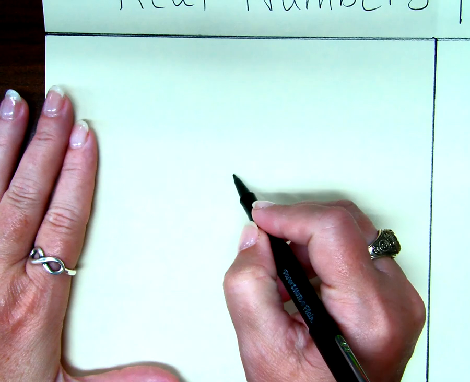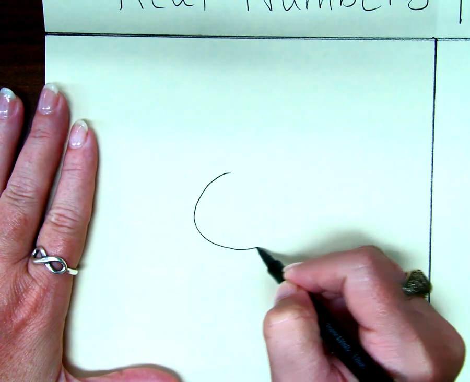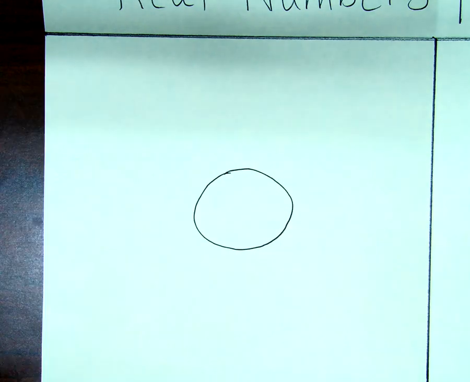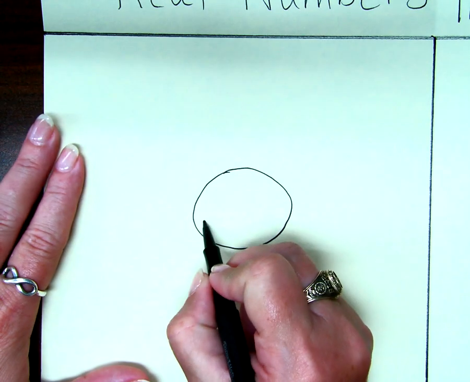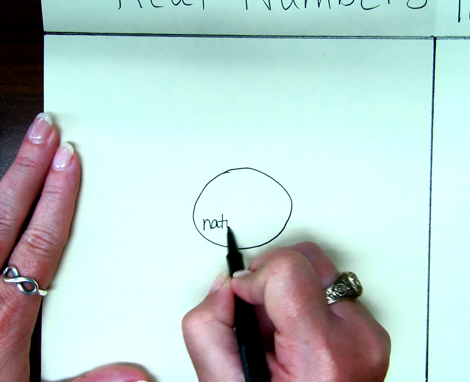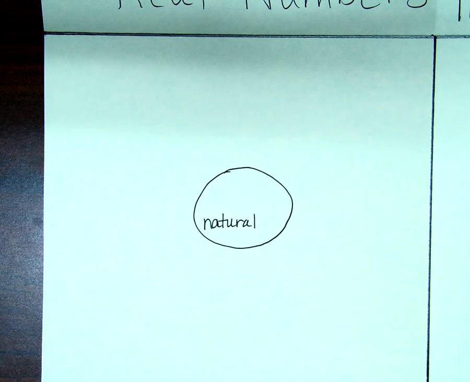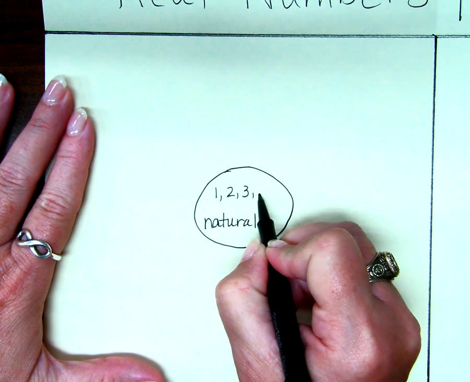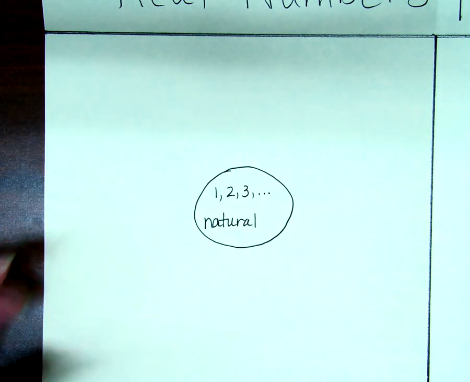Okay. Now, in the middle of the big section, there's a smaller set of numbers called natural numbers. Sometimes they're called counting numbers because it's how you learned how to count. How'd you learn how to count? 1, 2, 3, right?